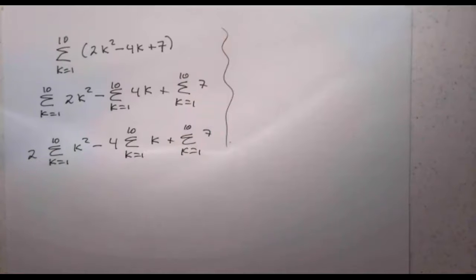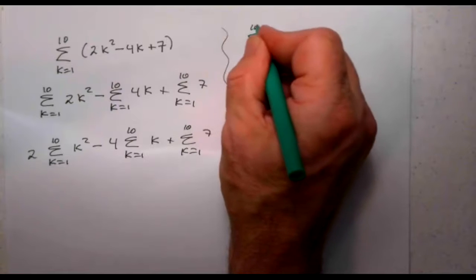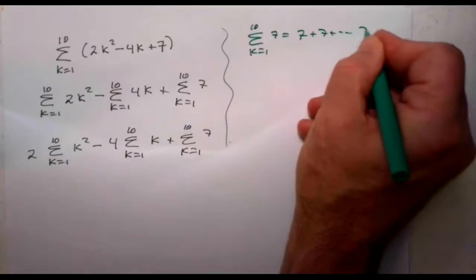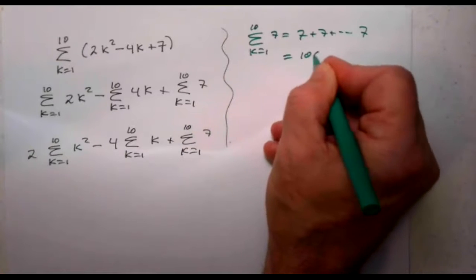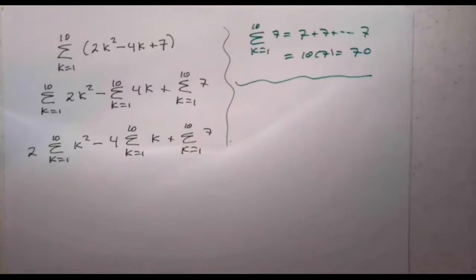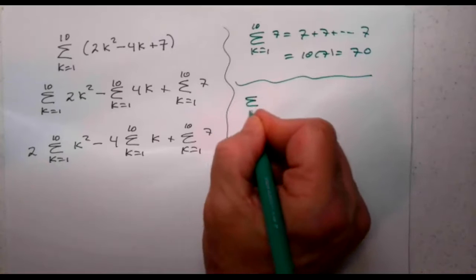Now, what do we know? The simplest one is the sum as k goes from 1 to 10 of 7. Sum as k goes from 1 to 10 of 7 is 7 plus 10 times, right? So it's just 10 times 7, which is 70. So we get that third piece relatively easy. The sum as k goes from 1 to 10 of k, let's remind ourselves of the rule.